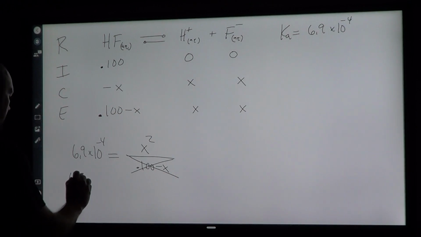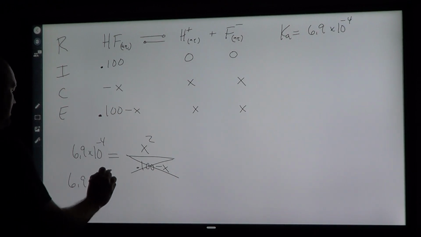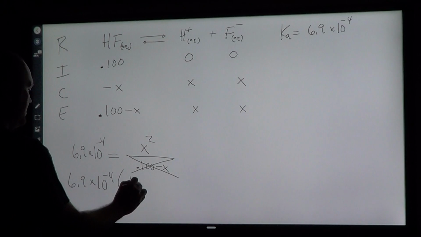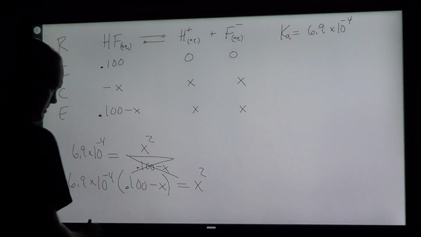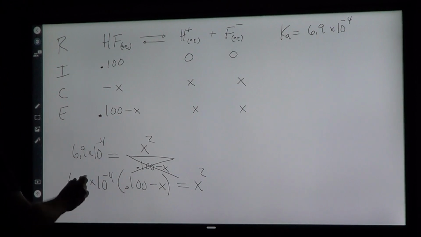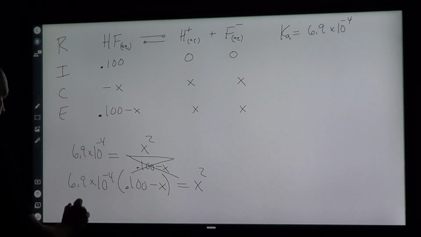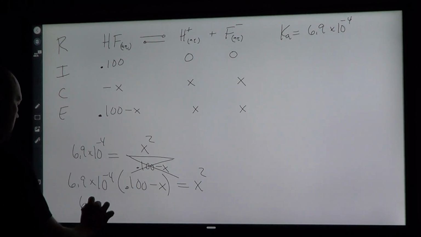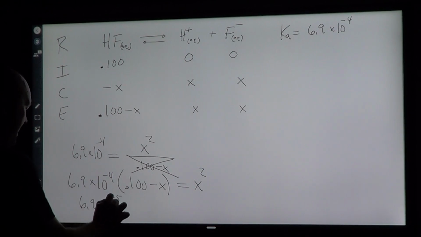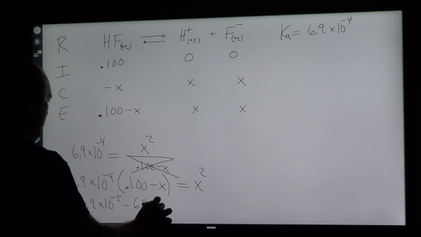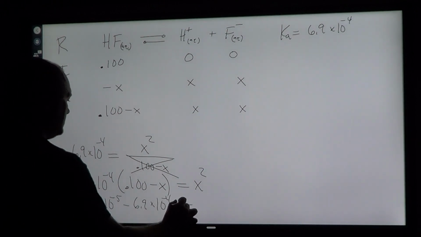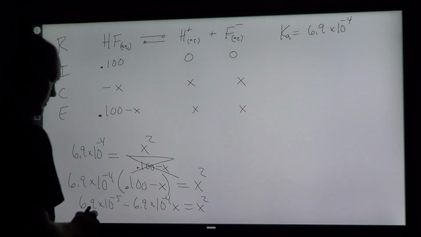So we have 6.9 times 10 to the minus 4 times 0.100 minus x equals x squared. We'll distribute this through, so we get 6.9 times 10 to the minus 5 minus 6.9 times 10 to the minus 4 x equals x squared.